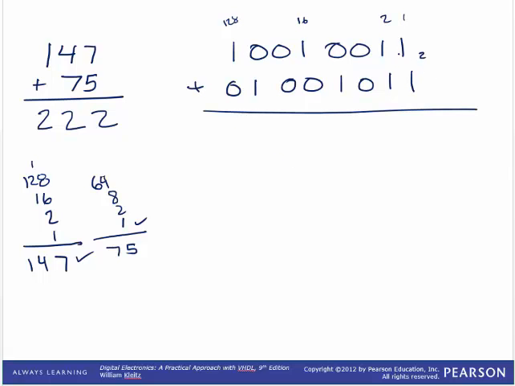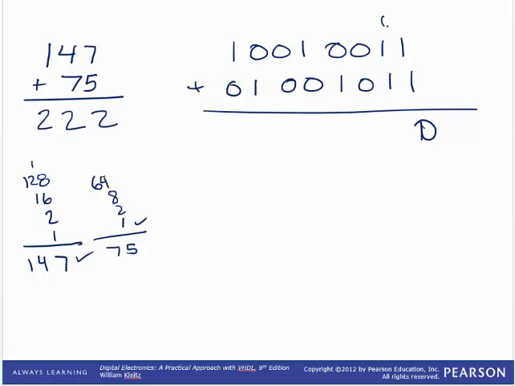So now let's add these up. So 1 plus 1 is 1, 0. So I have to carry a 1. Now 1 plus 1 plus 1 is 3, right?